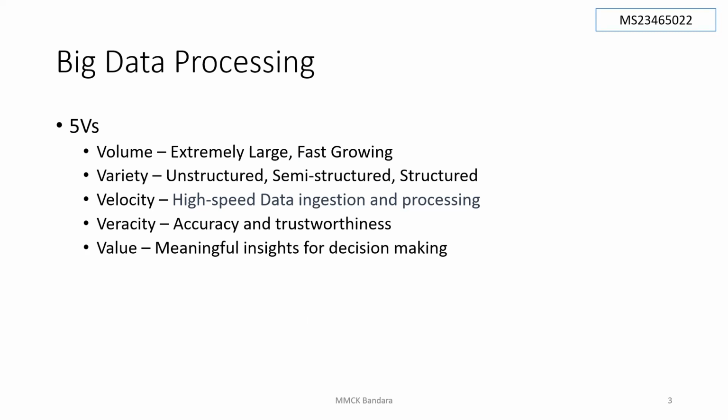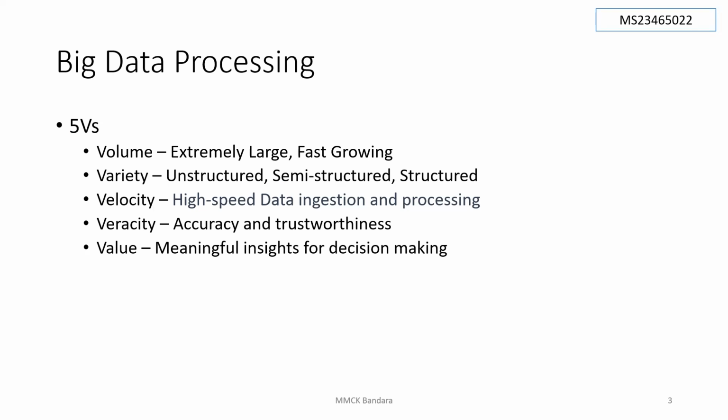That means some data are unstructured, like text files, and some may be semi-structured, like XML or JSON, or some are structured, as we can see in databases and other systems. Apart from that, we have to consider the velocity of the data that we receive when we consider a big data processing framework.